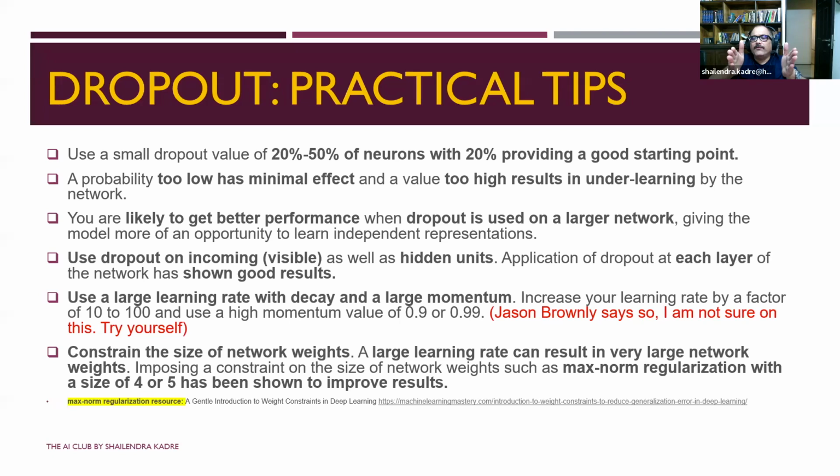If momentum is large, learning rate should be small. What he is suggesting is to use a large learning rate with decay. The decay can be linear or exponential, as we learned yesterday. That's what he's suggesting, with a large momentum. It is contradicting what we learned yesterday.